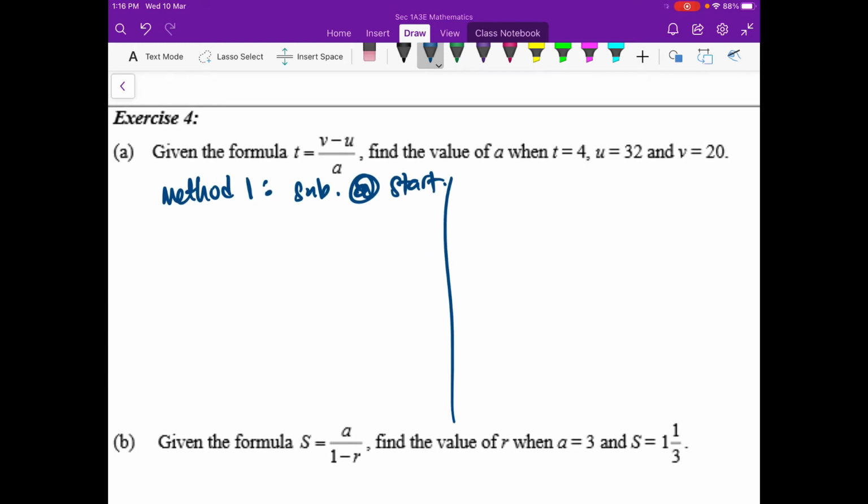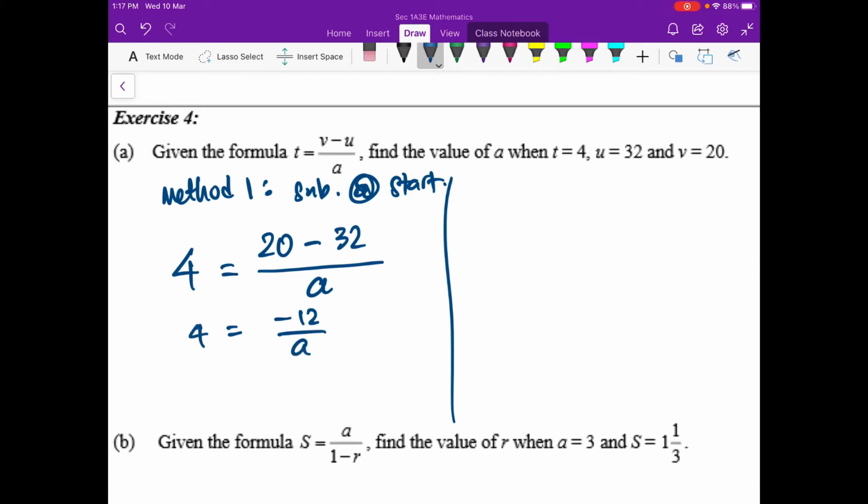T, they gave us the value of t, which is 4, equals v. V has a value of 20, minus u. U has a value of 32, divided by a. So in our numerator, we have negative 12 over a, and this is equal to 4.